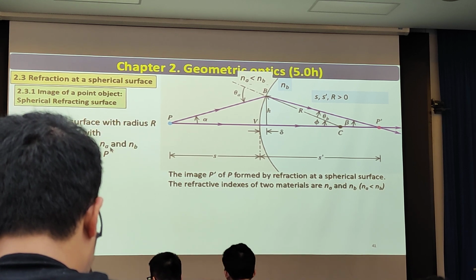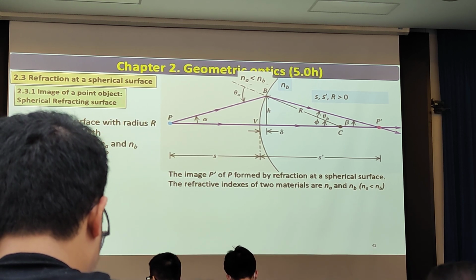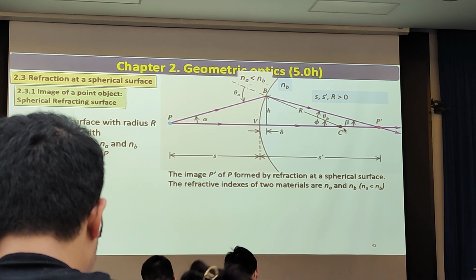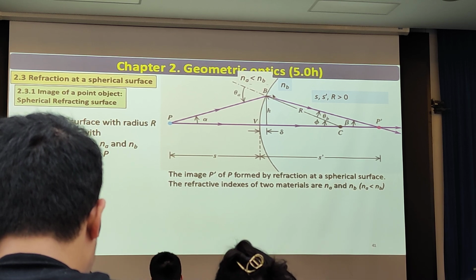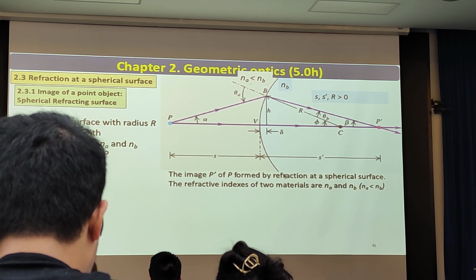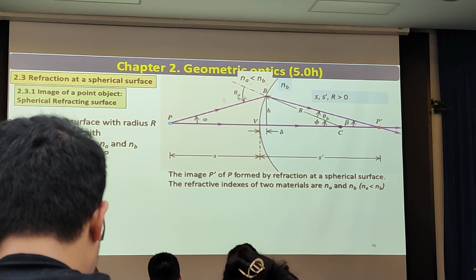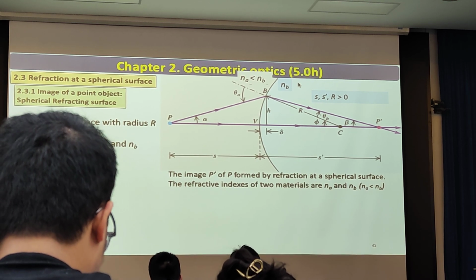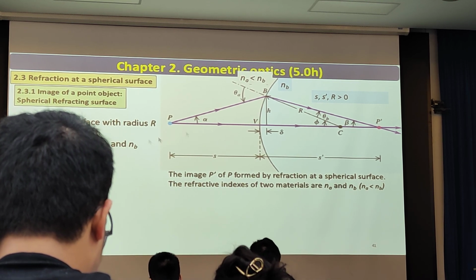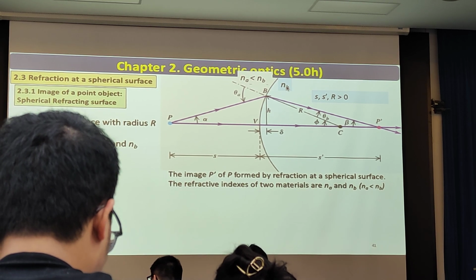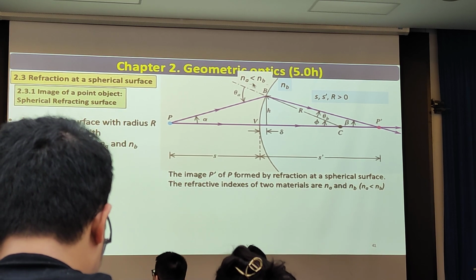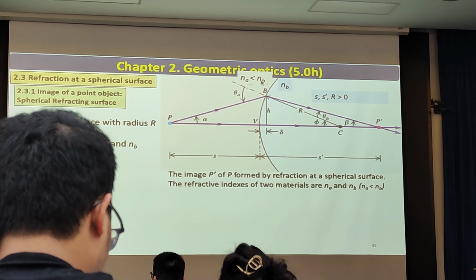So in this case, we have a spherical surface with radius r. From C to this point we have the radius r, which separates two materials with refractive indexes NA and NB. And in this case, we consider NA is smaller than NB.